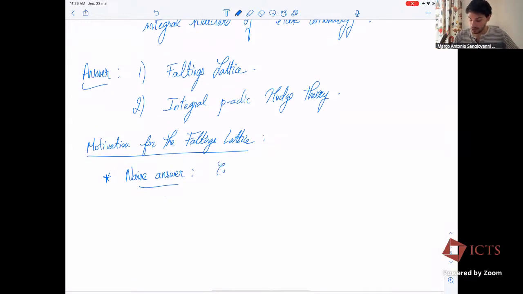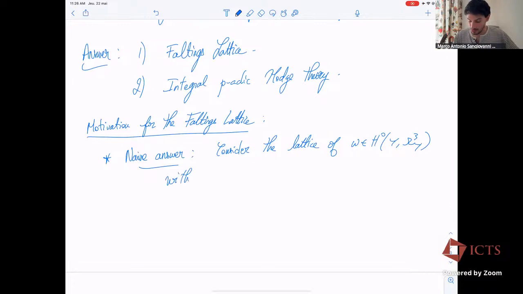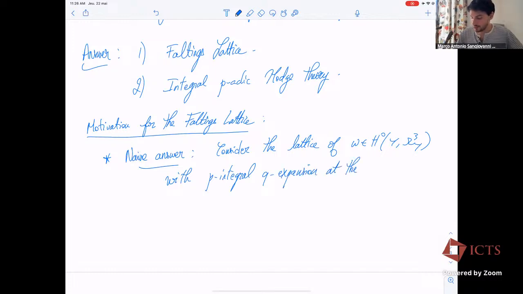So consider the lattice of sections of omegas in H0 of Y, omega 3 of Y, with p-integral q-expansion at the infinity cusp.